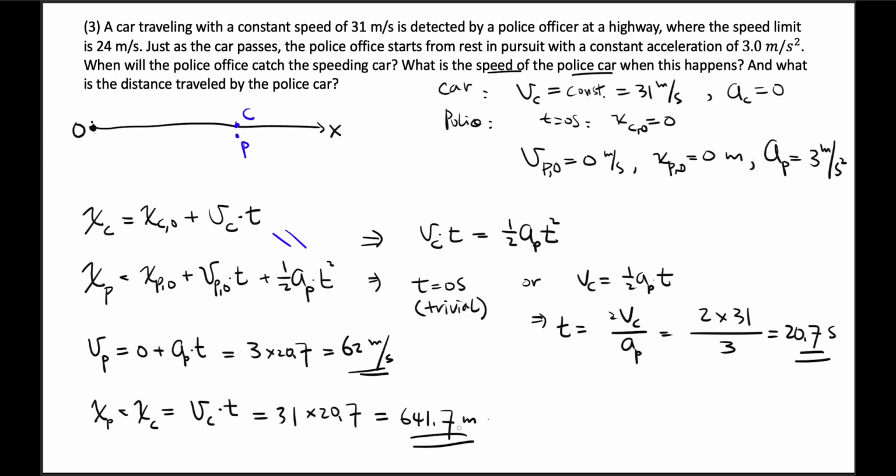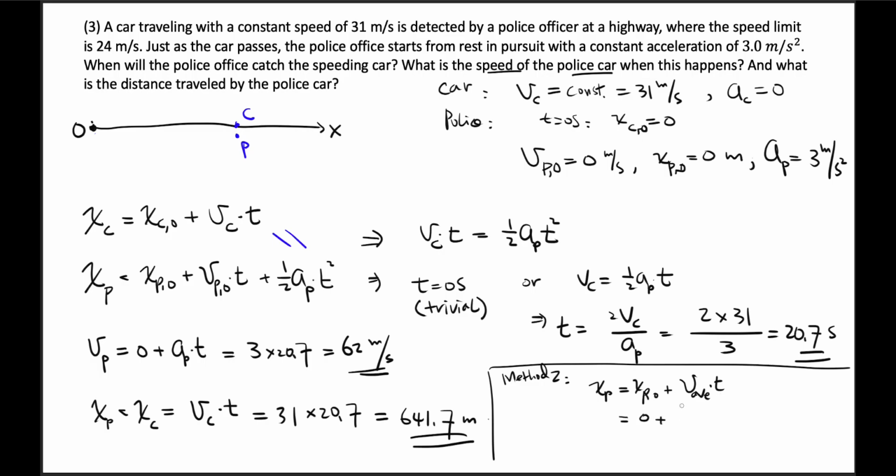Okay, so now let me briefly talk about another method for solving this problem. Here's method 2. We know the displacement of the police officer is also given by the average velocity times t, right? So average velocity is the final velocity plus initial velocity divided by 2. That's something that we talked about in the lecture, and then times t.